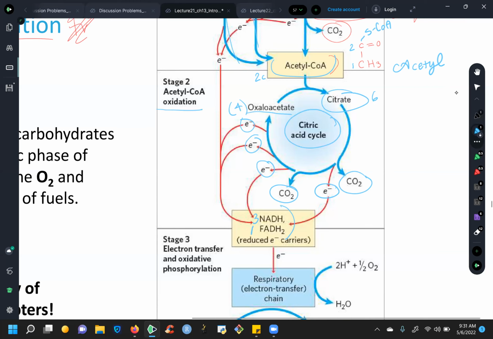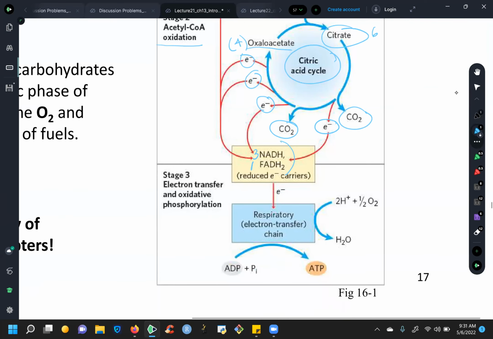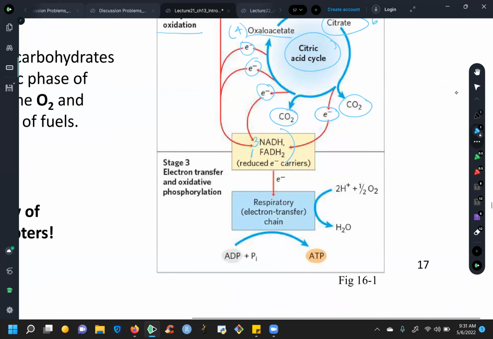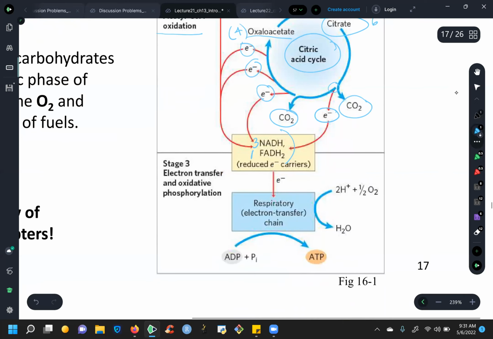Okay, so we've got 1, 2, 3, 4 electrons. So we make 3 NADHs and 1 FADH2. But really it's called reduce. So our substrates get oxidized in order to reduce one of these molecules.